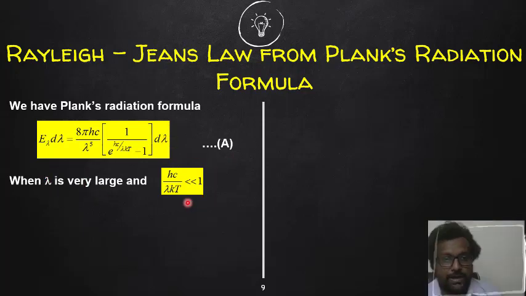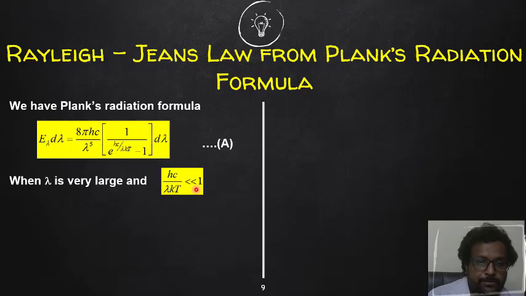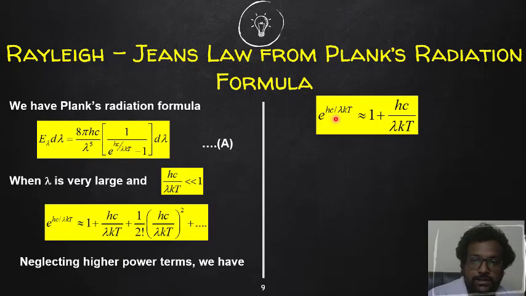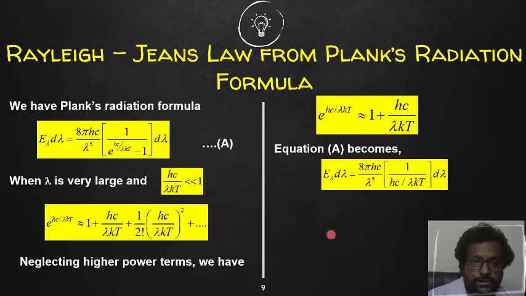When lambda is very large, this value, hc by lambda kT, becomes very small. In this situation, we can say that e to the power hc by lambda kT is nearly equal to 1 plus hc by lambda kT plus 1 by 2 factorial hc by lambda kT whole square and so on. We can neglect higher order terms. So we are left with e to the power hc by lambda kT nearly equal to 1 plus hc by lambda kT. Therefore equation 1 becomes E lambda d lambda is equal to 8 pi hc by lambda to the power 5 times 1 by hc by lambda kT d lambda.